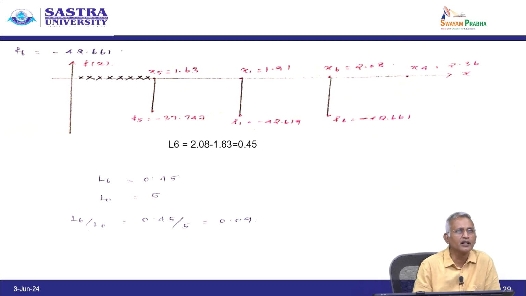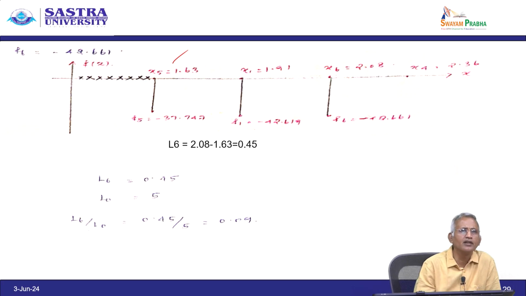Now, in the two dimensional effect, x5 is 1.63, x1 is 1.91, x6 is 2.08 and x4 is 2.36. So, comparative study: x5 is less than x1, x1 is less than x6, x6 is less than x4.